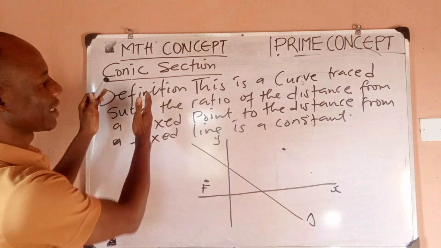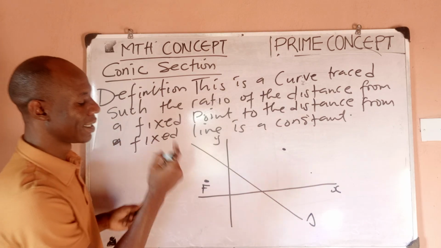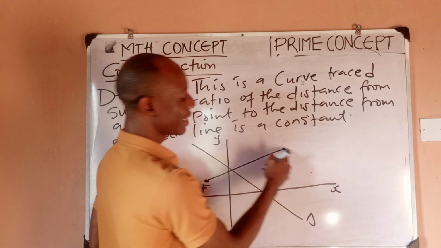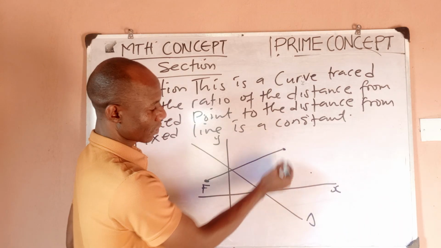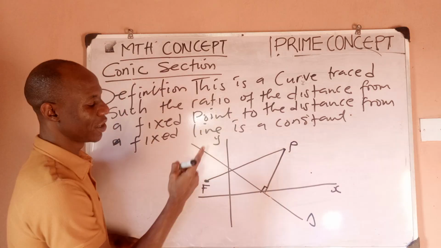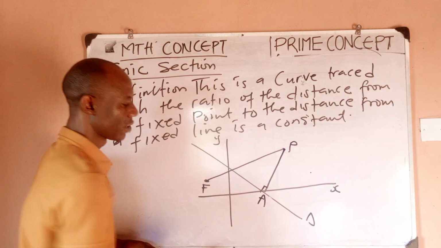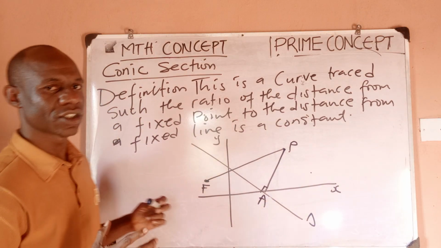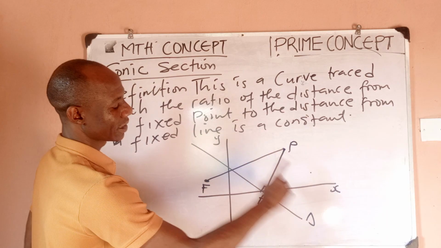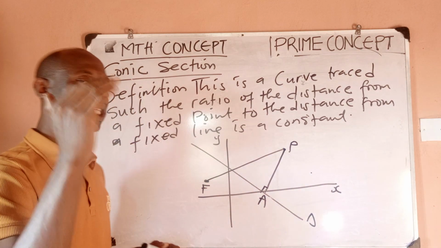So a conic section is defined in a way that the ratio of the distance from this fixed point to any random point I choose, let's call this a random point P, and let's call this point A, is always a constant.